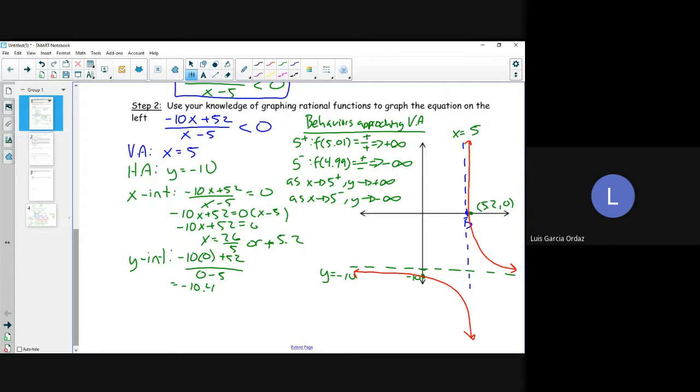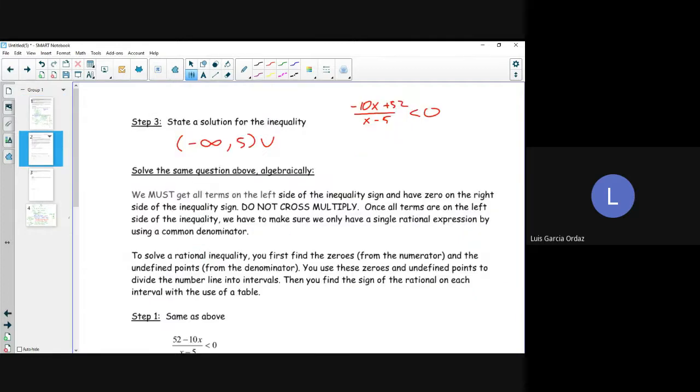So take a look at the x-intercept that we found. So greater than 5.2. So in union with 5.2, all the way to positive infinity. Okay?